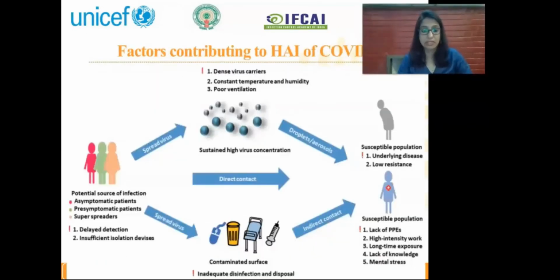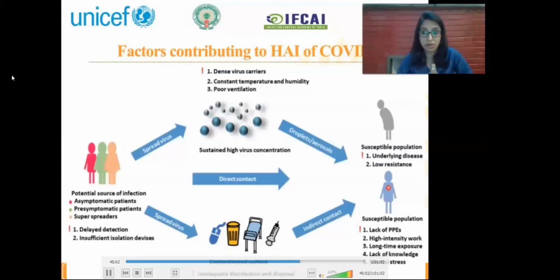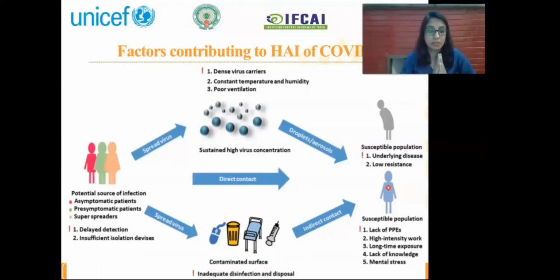There are multiple factors which contribute to COVID-19 infection spread in the hospital setting, and these are the same. If you look at this figure, it is the same for any other droplet-borne or airborne infection. The source is either an asymptomatic case, a pre-symptomatic case, a super spreader, or a disease case, through which the virus spreads into the environment, and with favorable temperature and humidity and poor ventilation, it affects the susceptible population.